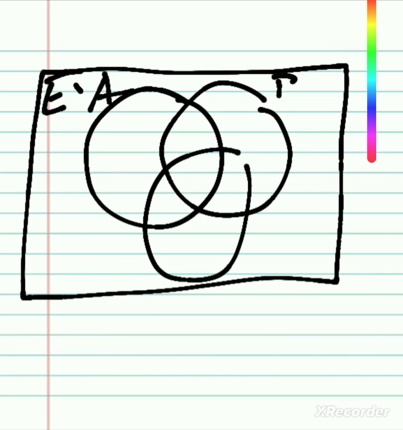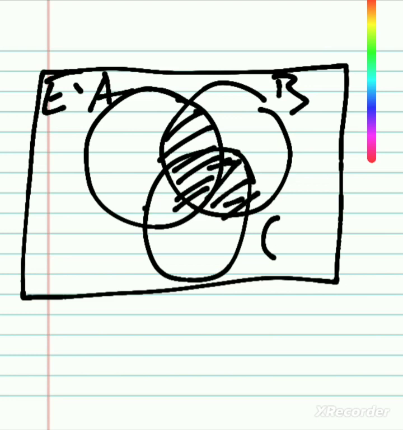So I've got A, B, and C. So what if they do this? What is this? There are different ways in which you can identify it, but one thing for sure is there's A intersect B here.